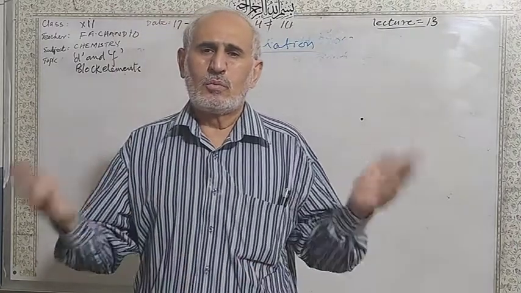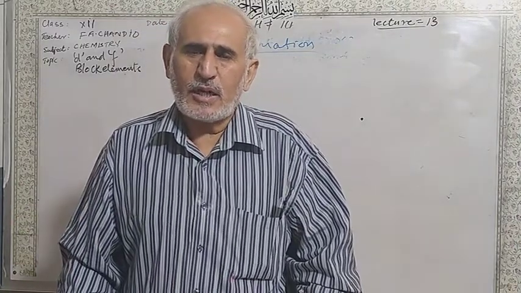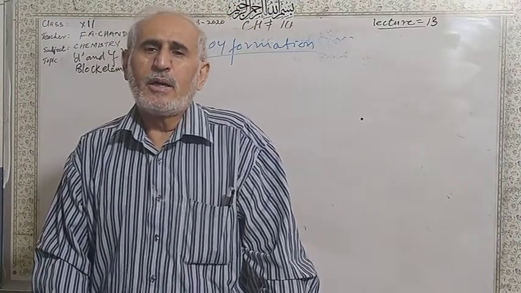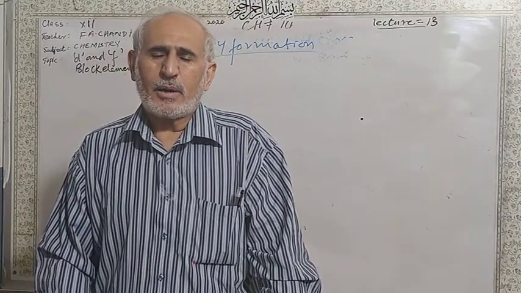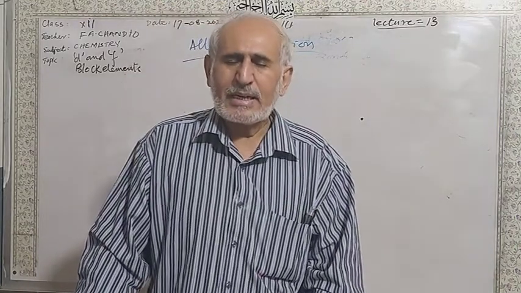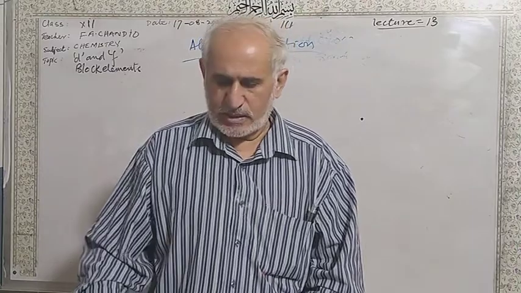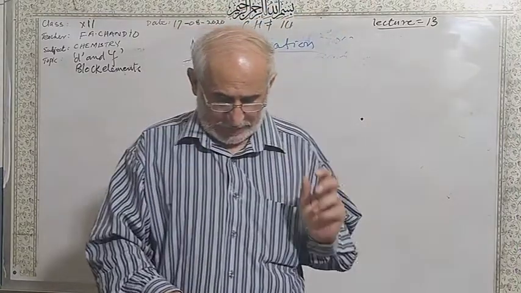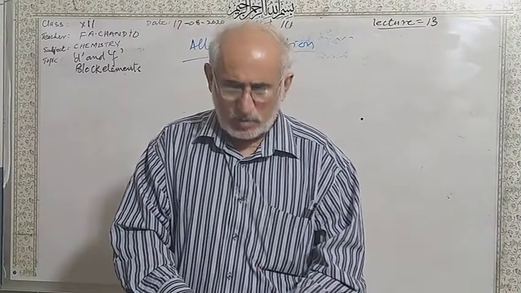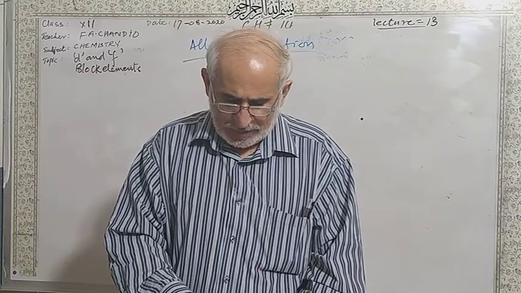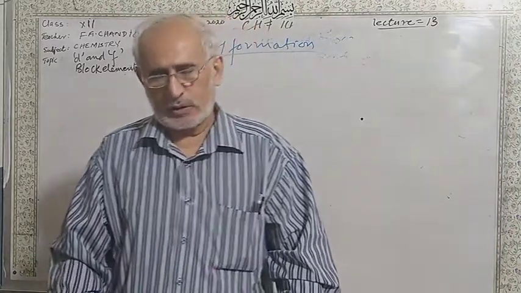So different kinds of ornaments and other materials are prepared in industries by mixing other metals or elements with iron. An alloy is a mixture of two or more metals. Transition metals form alloys with each other, I told you.